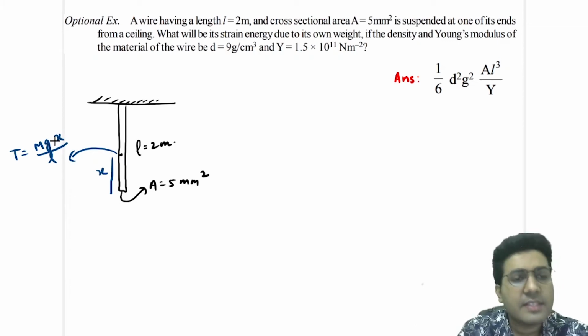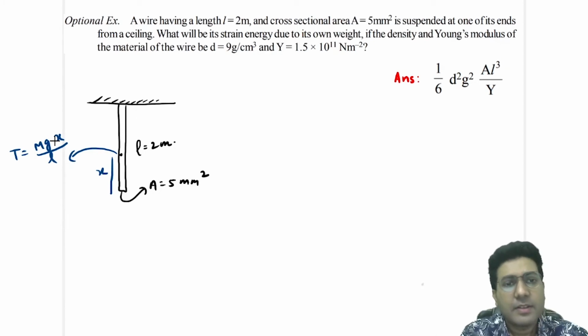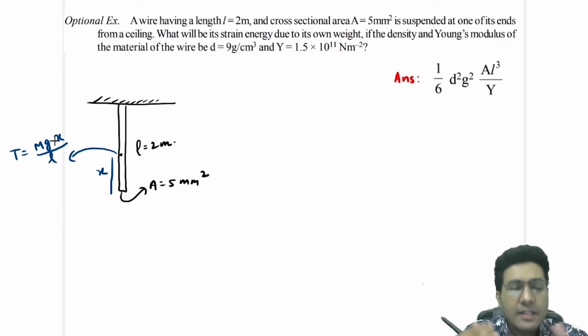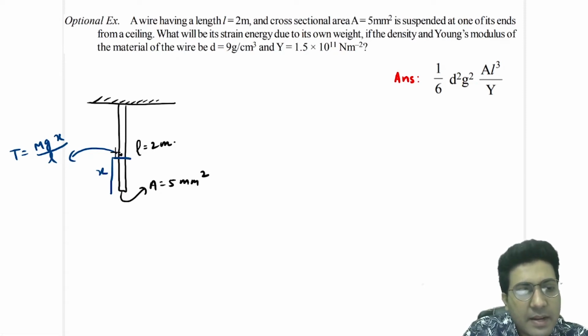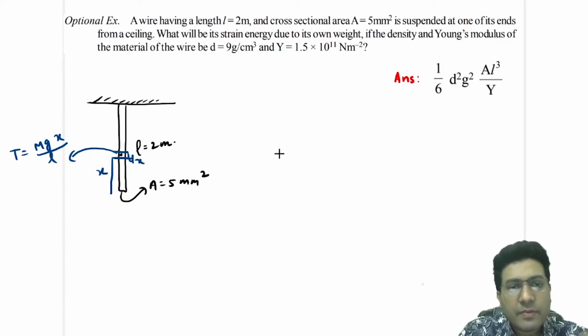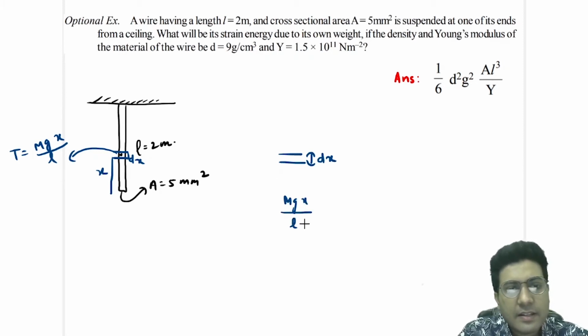So stress is variable means strain is variable. So every part is elongating differently, right? So we have to take an element. So here I will take an element of width dx. Now if we concentrate on this element of width dx, stress on this element is mgx by L divided by area of cross section, right?